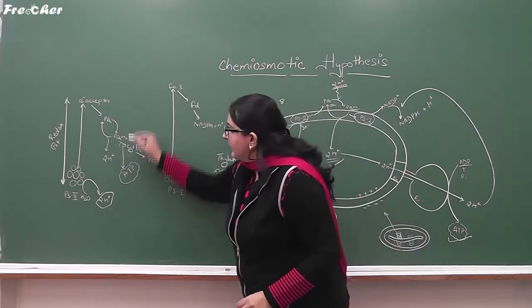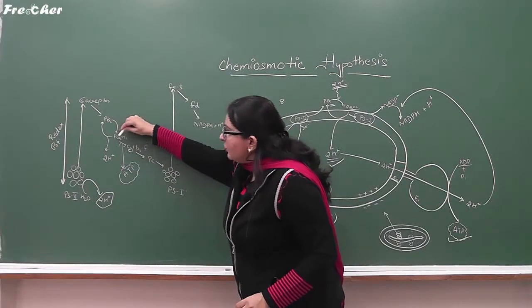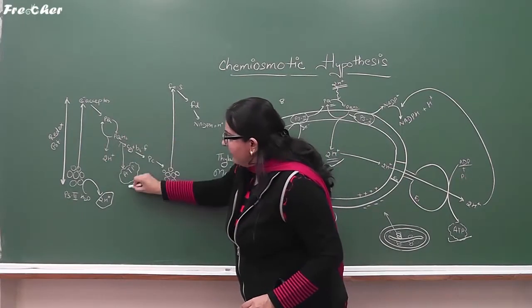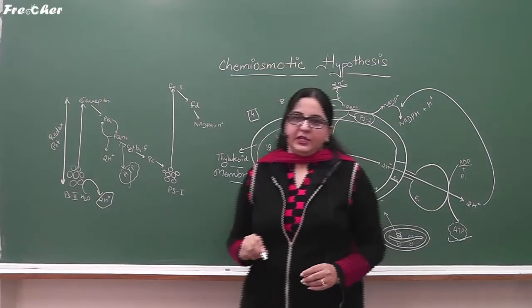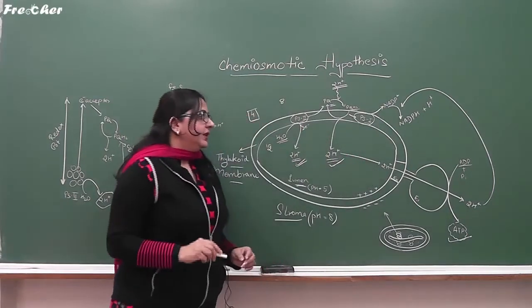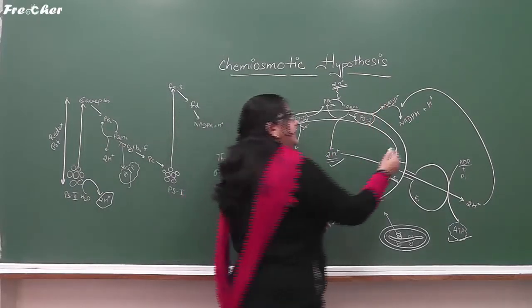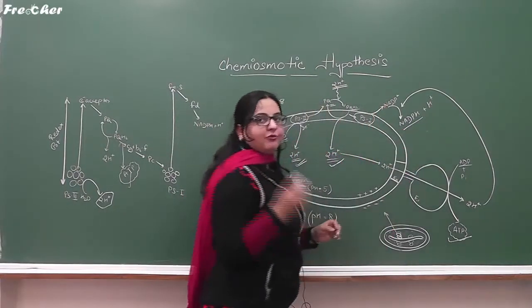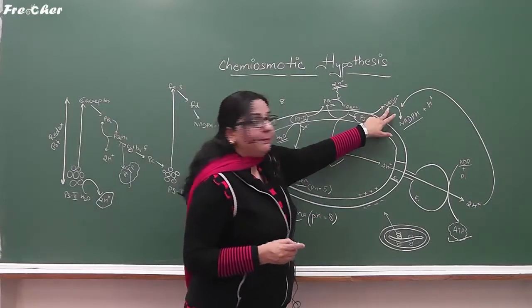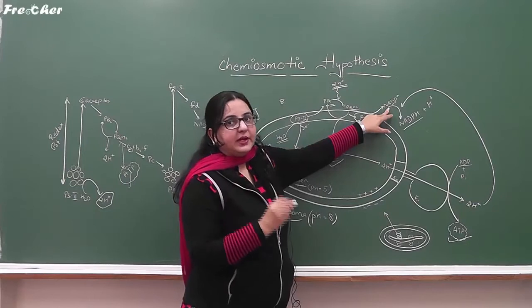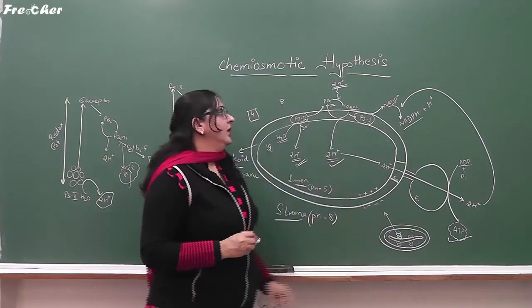That's why we write here in this process PQH2 to cytochrome b6f. In this reaction we have written the formation of ATP. Now these 2 protons are used to form the NADPH molecule from NADP plus with the use of the NADP reductase enzyme.